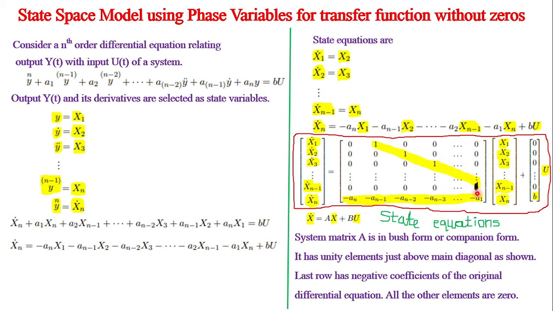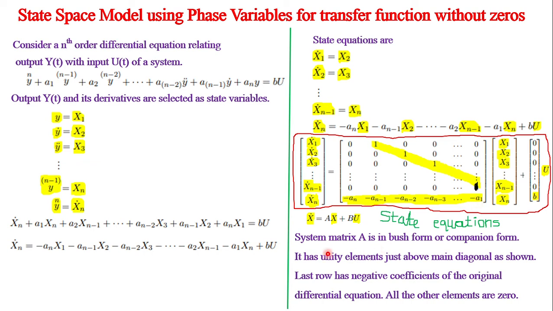The last row, if you see, the coefficient of x1 is minus an, x2 is minus an minus 1, etc. That means this minus an is nothing but the coefficient of y with negative sign. an minus 1 is the coefficient of y dot with negative sign. That means we have written a1, a2, etc., an in the reverse order with a negative sign.